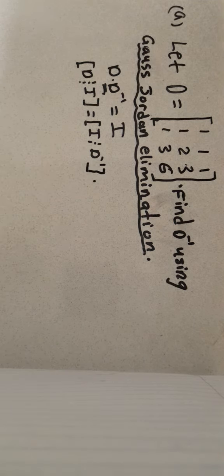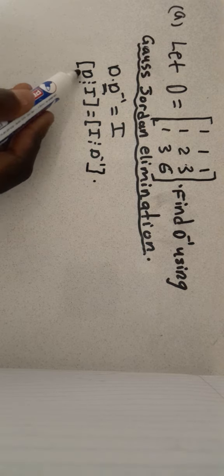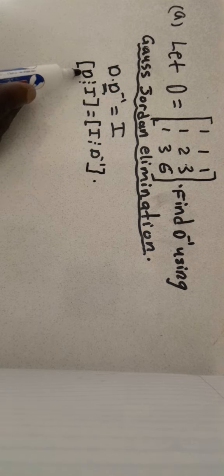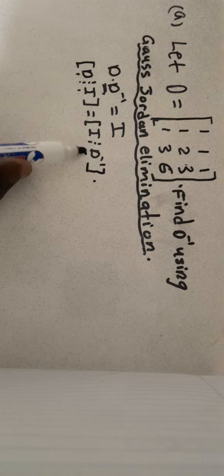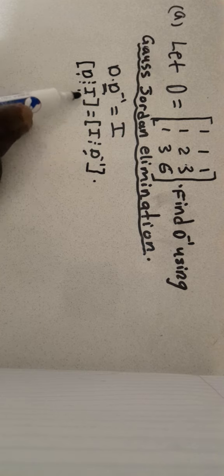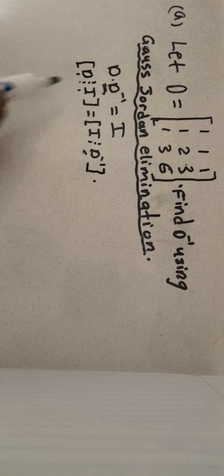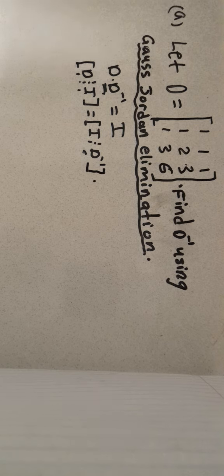So we're going to use elementary row operations to reduce matrix D until, where there's D, we get the identity matrix, and where there's I we get a matrix which is the inverse of that matrix. So let's get into it.